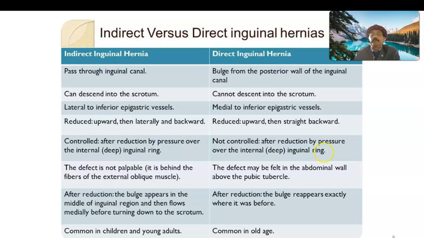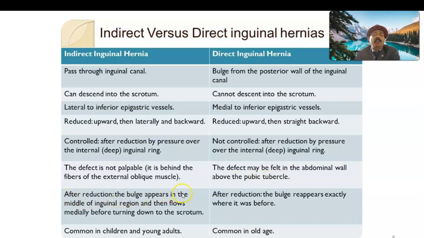In indirect hernia the defect is not palpable, as it is behind the fibers of the external oblique muscle. In direct inguinal hernia, the defect may be felt in the abdominal wall above the pubic tubercle.